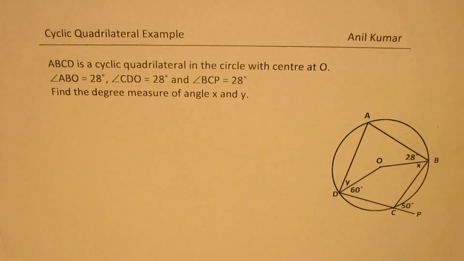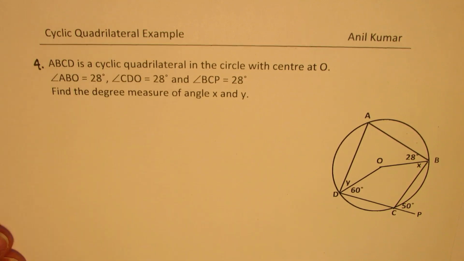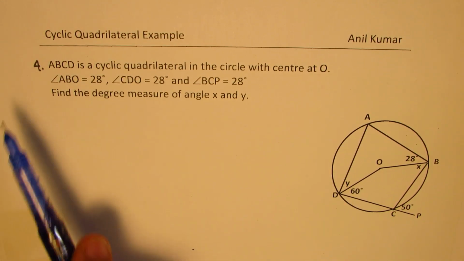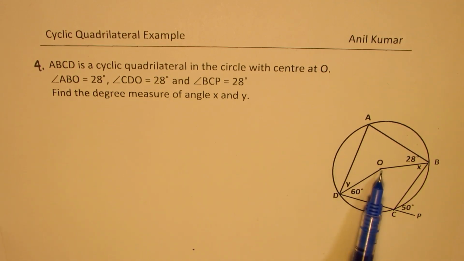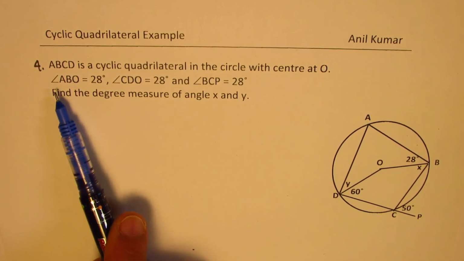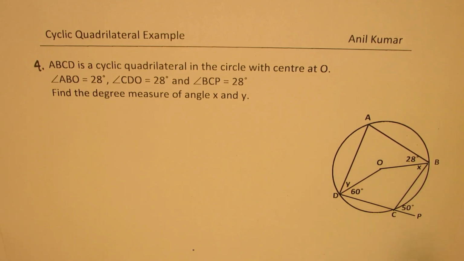Now, based on this knowledge, I think you should be in a position to answer this question. So that is our question number 4. ABCD is a cyclic quadrilateral in the circle with center O. So that is the center point. Angle ABO is 28 degrees.